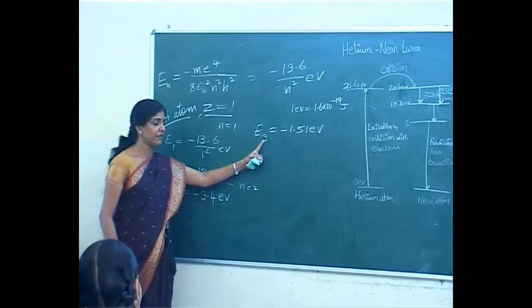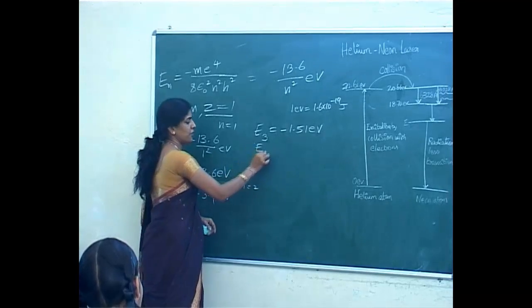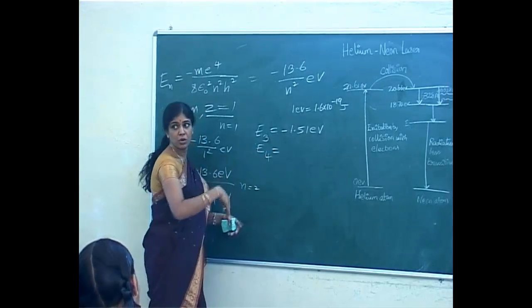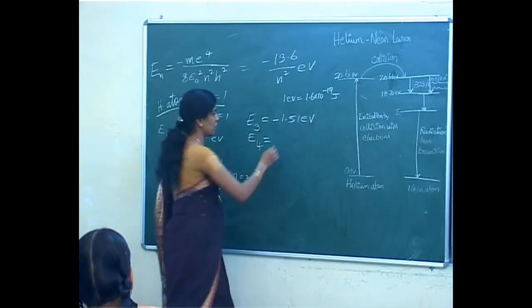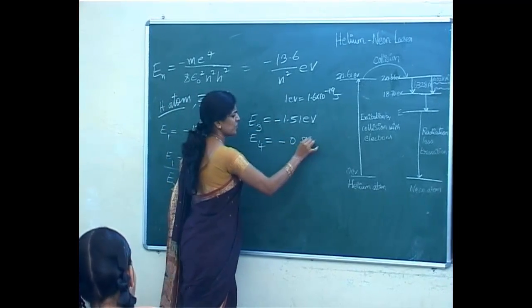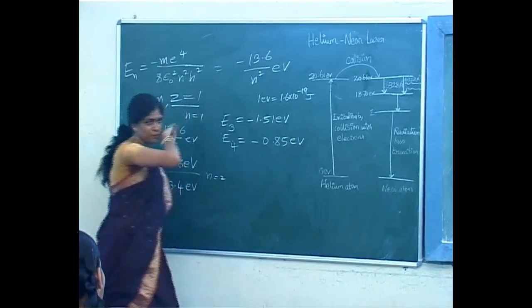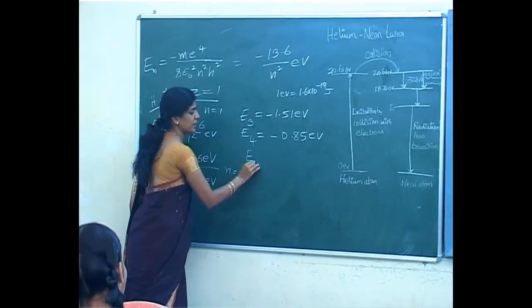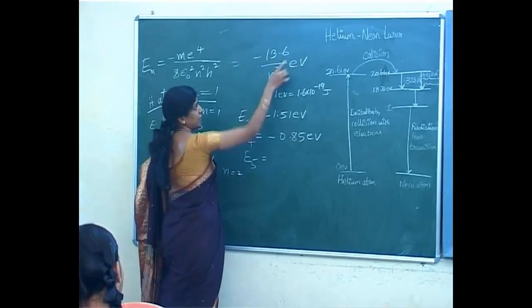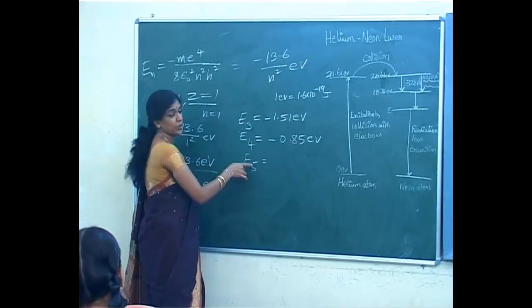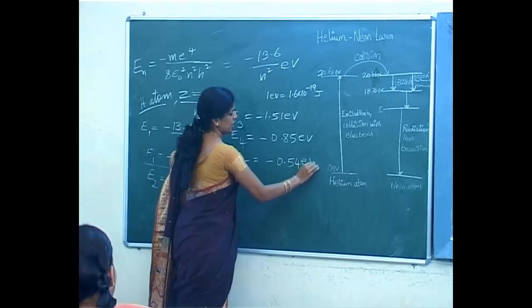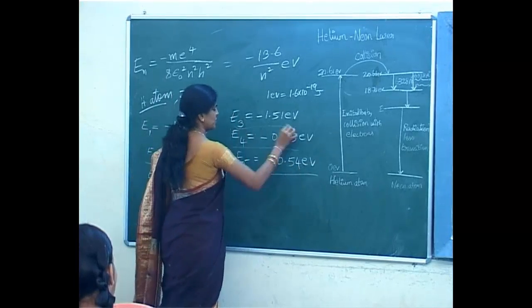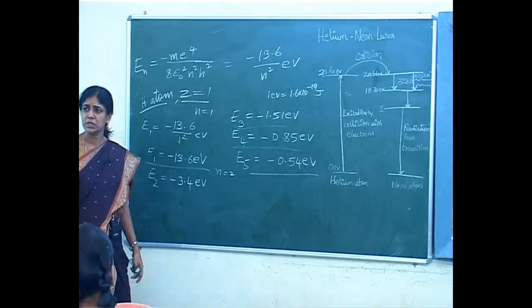In the fourth orbit, minus 13.6 by 16, which becomes minus 0.85 electron volt. In its fifth orbit, minus 13.6 by 25, 5 square, it will be minus 0.54 electron volts. I can do it for all the orbits. It goes on like this.